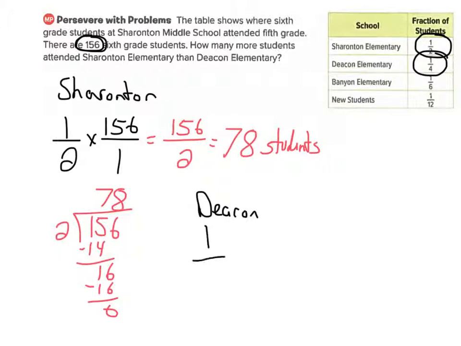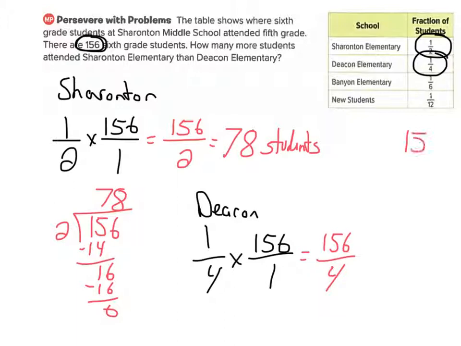Now let's look at Deacon Elementary. There it said 1/4 of the total students. Well, 1/4 of what? 1/4 of the 156 total students. So in this case, I want to do 156 over 1 times my 1/4. That gives me 156 over 4. Again, just a division problem. 156 divided by 4. 4 goes into 15 3 times, which is 12.